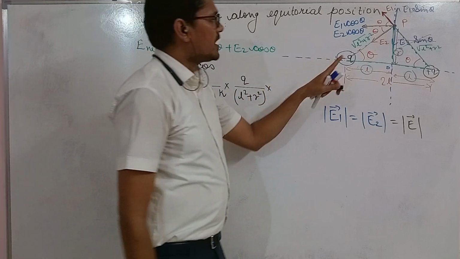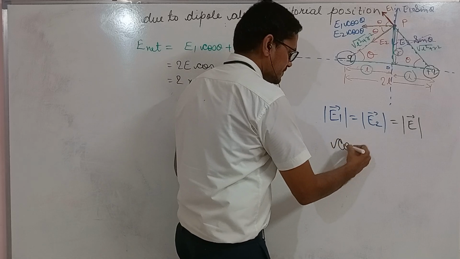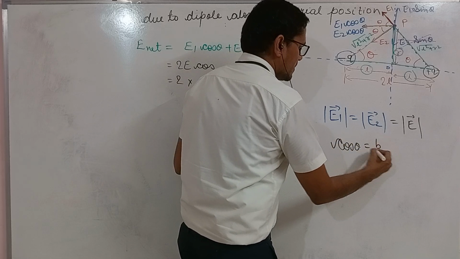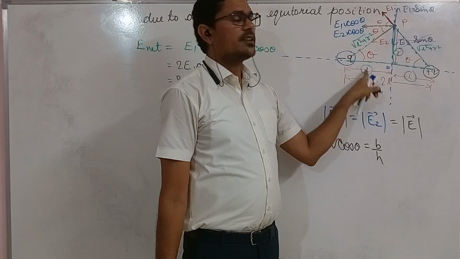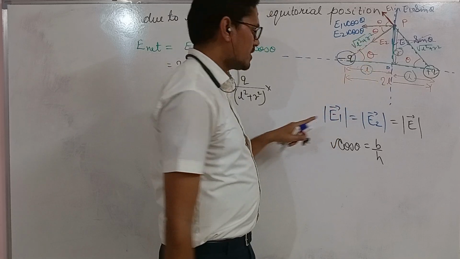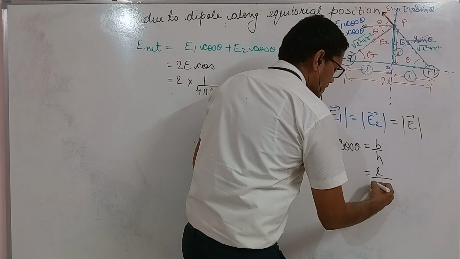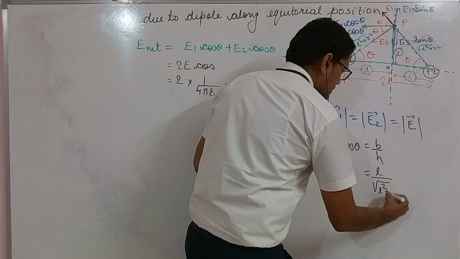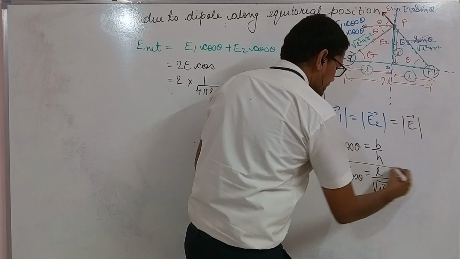Fine. For any triangle, the value of cos theta is given by base upon hypotenuse. Now the base is L and the hypotenuse is root under L square plus R square. So it would be L over root under L square plus R square. This is the value of cos theta we have.